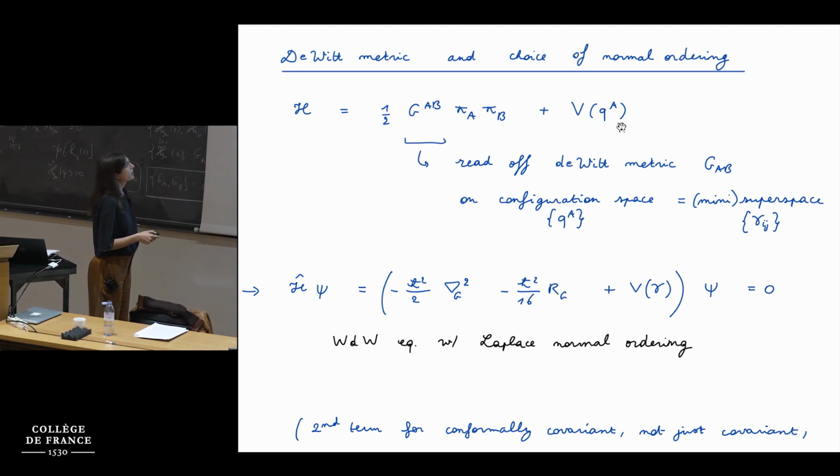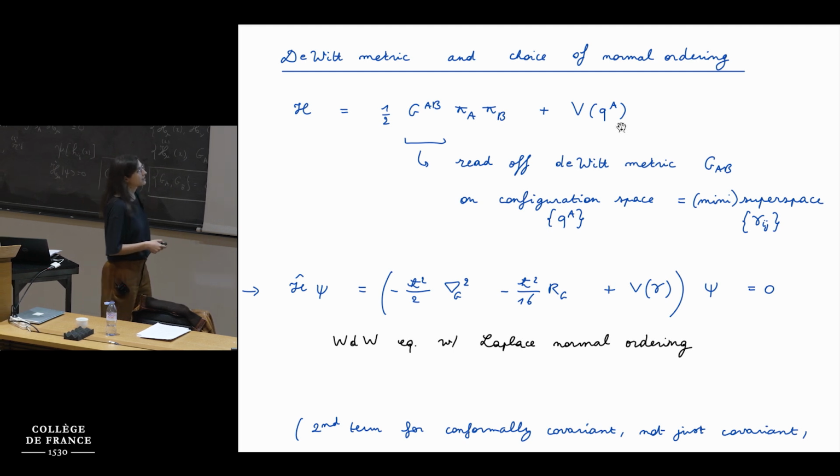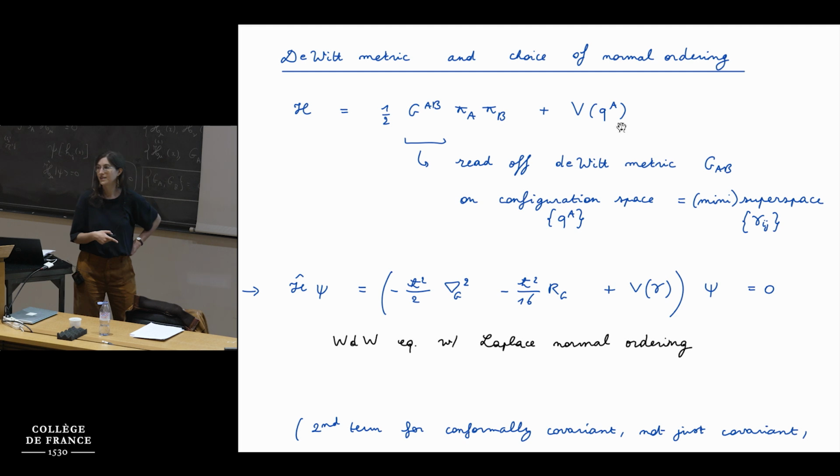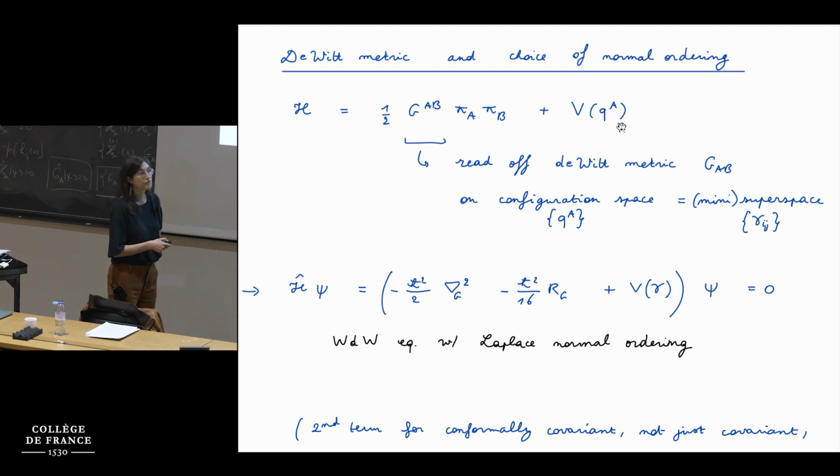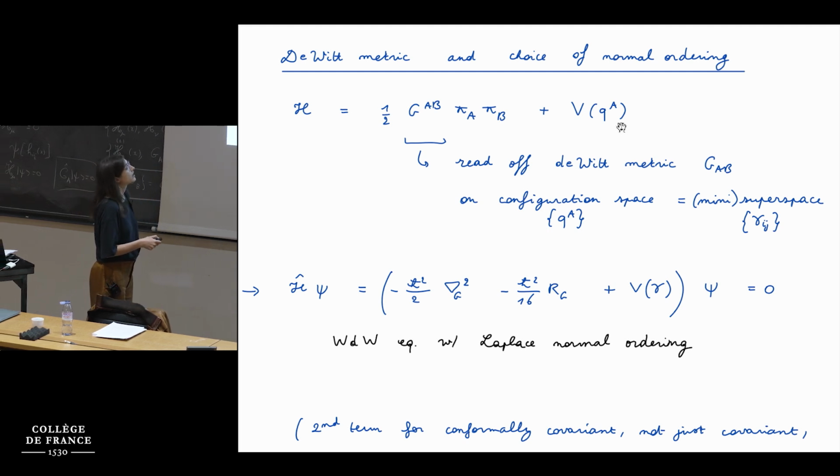And once you have that DeWitt metric, one standard choice of normal ordering in going to the quantized version is what is called Laplace normal ordering, where you use the Laplacian for the DeWitt metric, and this second term is in terms of the curvature of the DeWitt metric, and here's V again.